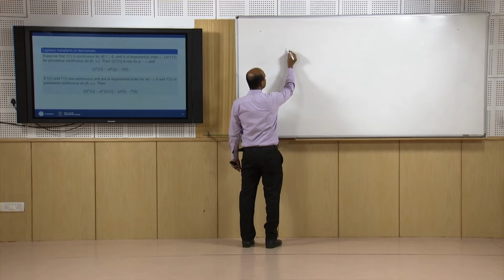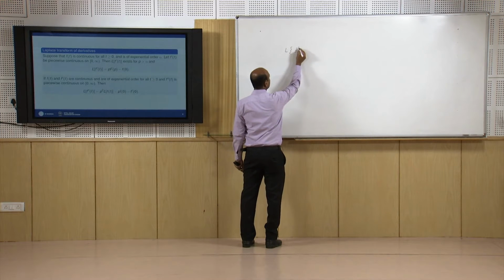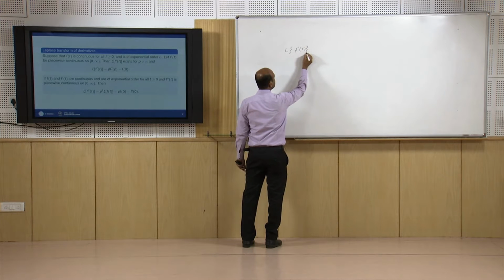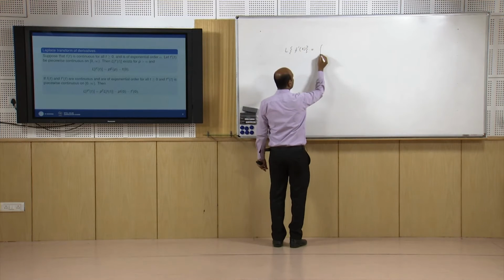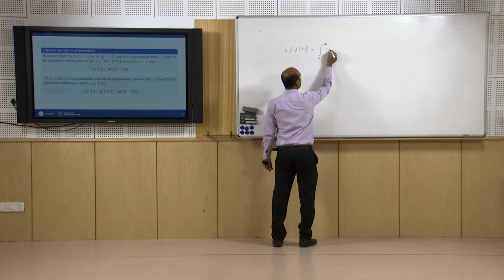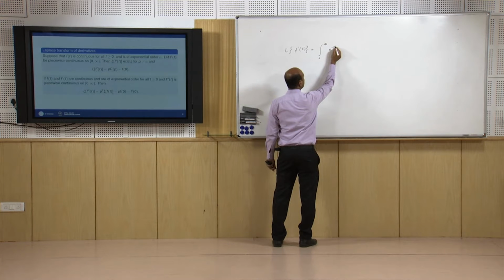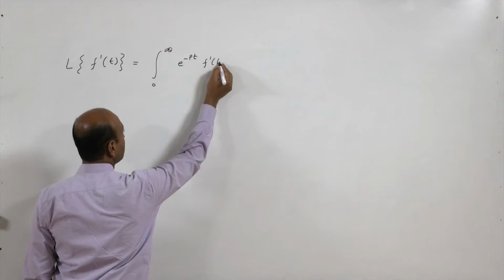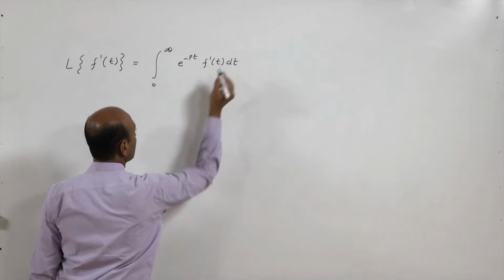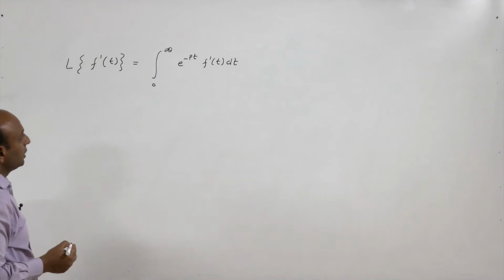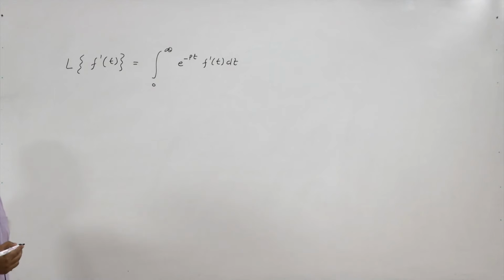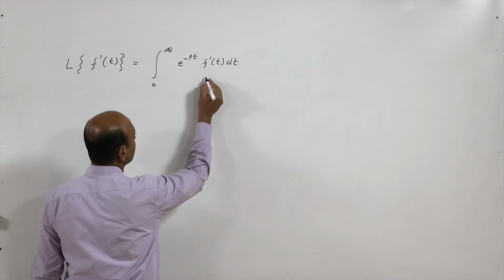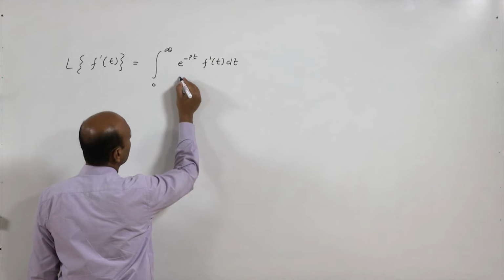So, Laplace of f'(t). What is Laplace of f'(t)? It is the integral from 0 to infinity of e to the power minus pt times f'(t) dt. Now you can apply integration by parts to find the integral of this.